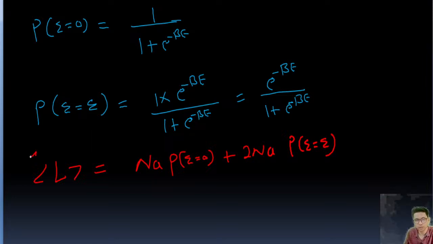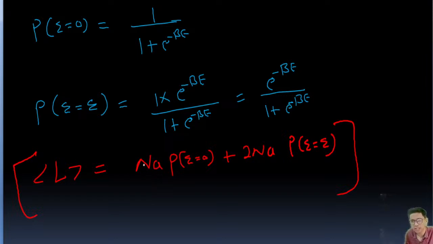Very important. So the average length is that because there are N polymers, which are made up of N monomers, and monomers could be of length A or 2A. So the average length is going to be NA, where A is the length of the monomer.